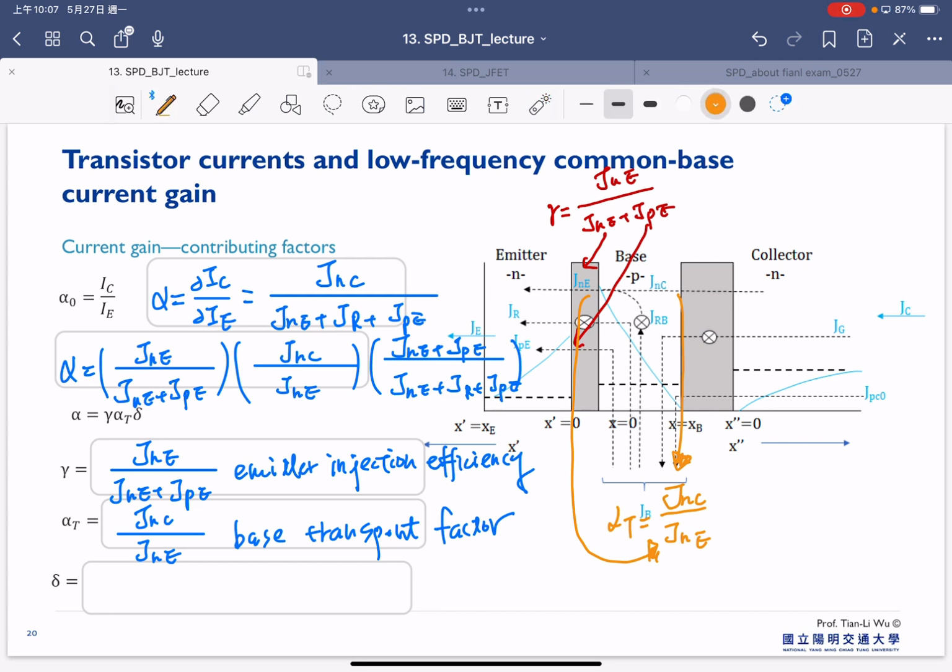And the last one is this one. So we call this the recombination factor.